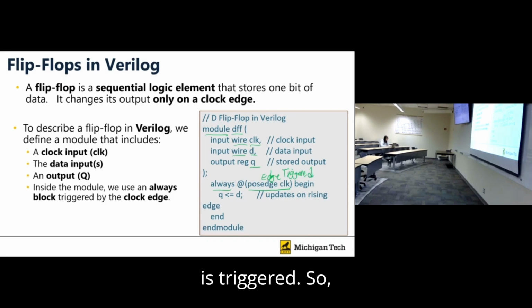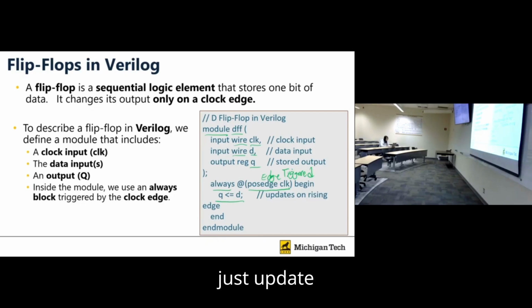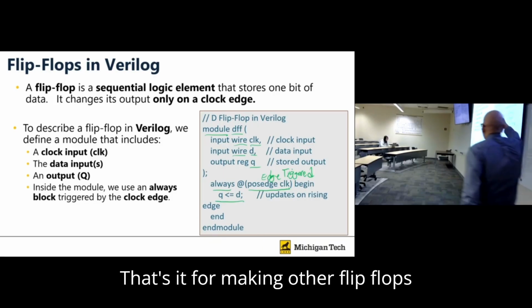Edge trigger. Because the D flip-flop is so simple, we just update Q on the rising edge. That's it for making other flip-flops.